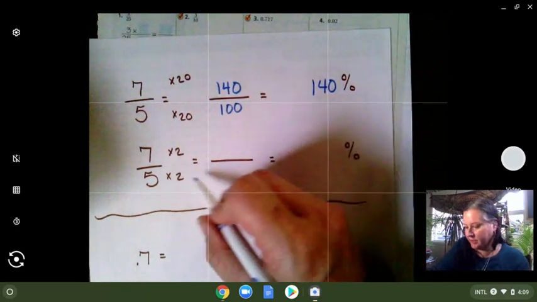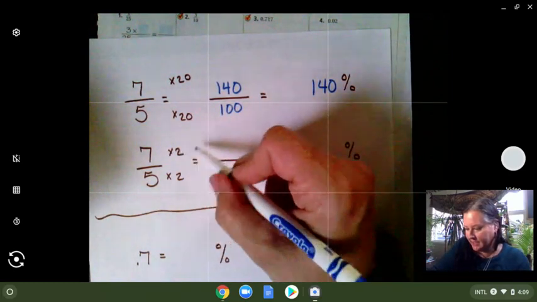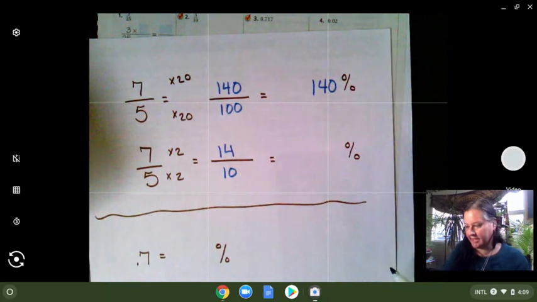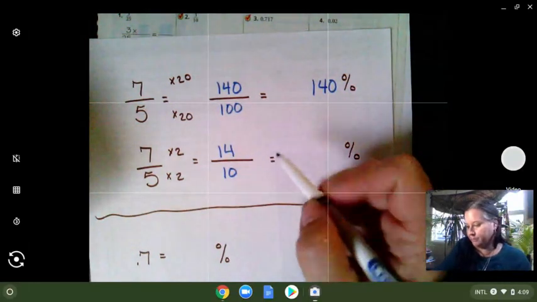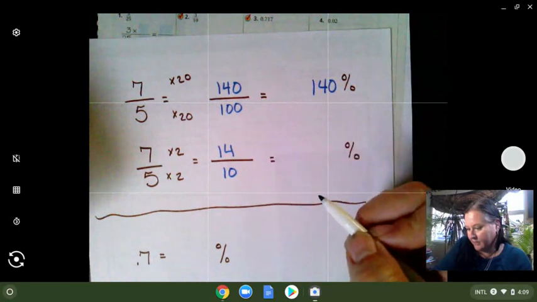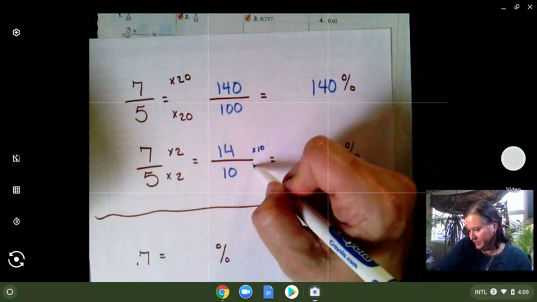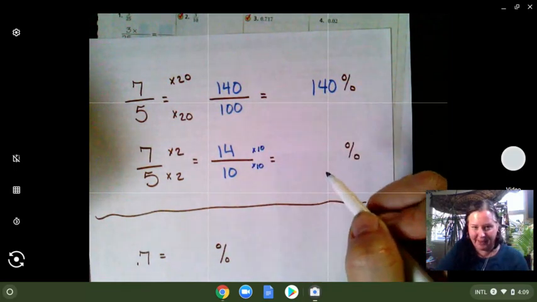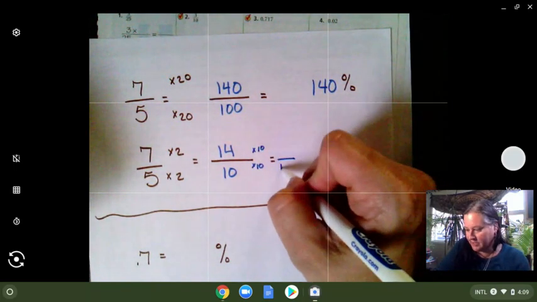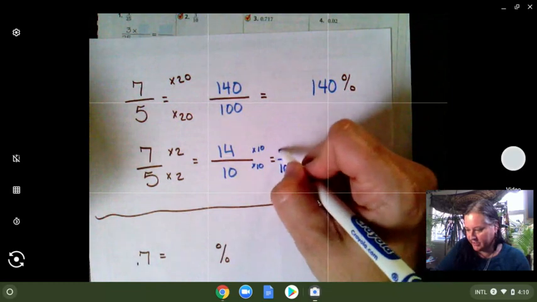All right, here we're going to multiply by 2 to get this into tenths. We have 14 tenths. Let's see, how can I explain this one? We can also get an equivalent fraction here by multiplying the top and bottom by 10, because remember, percentage is always how many out of 100.